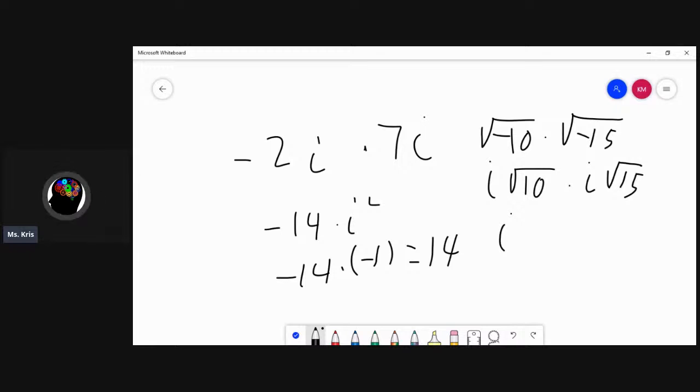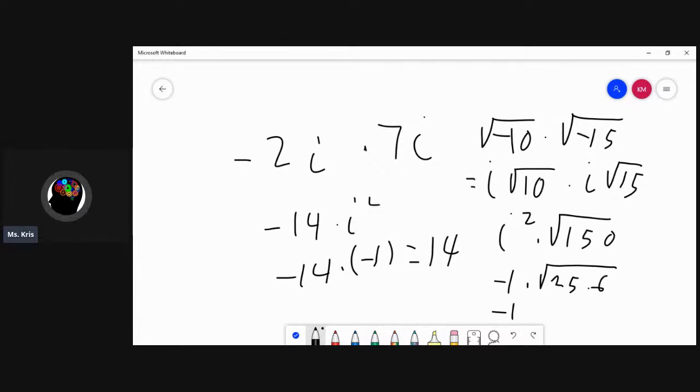Of course, i times i gives me i squared times the square root of 150. i squared is -1 times a perfect square inside of 150, which is 25, and you have 6.